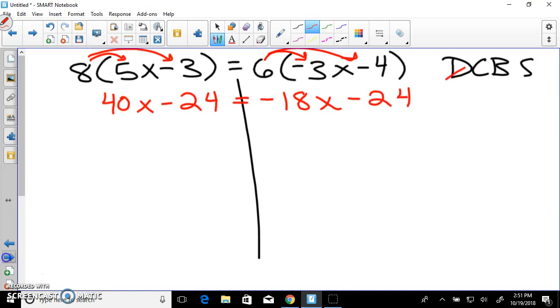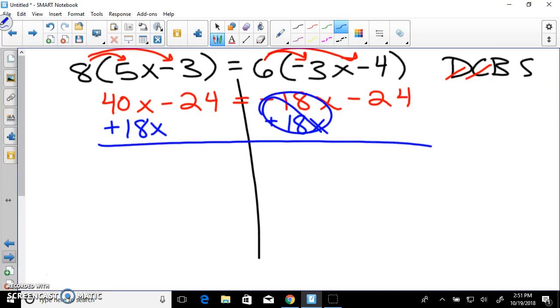Okay. I don't really need to combine like terms on each side, but I do need to bring all my variables to one side. So I'm going to add 18x, so that I have a 0 pair and negative 24. 40 plus 18, that's going to give me 58x minus 24 equals negative 24.